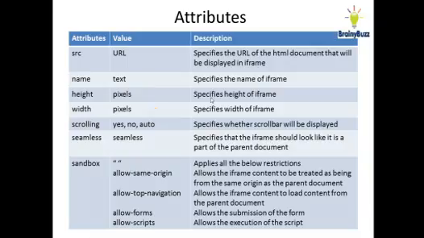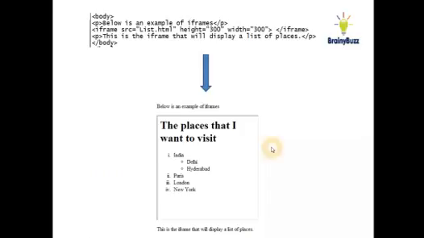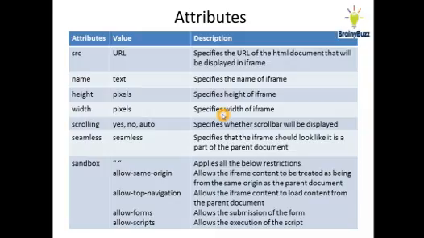After that, the name attribute specifies the name of the iframe, and it can be used for server side or client side coding. With scrolling, you can specify whether the scroll bar will be displayed or not. Seamless specifies whether the iframe should look like it is part of the parent document or not. And with the sandbox, it applies restrictions.